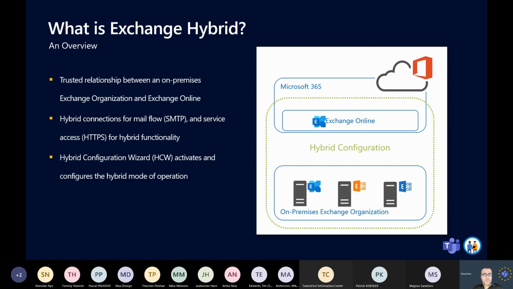The trust relationship is established using the hybrid configuration wizard, which activates the hybrid configuration settings in the on-premises organization and in Exchange Online. Luckily, we do have different modes of operation, but we'll talk about this in a few minutes.